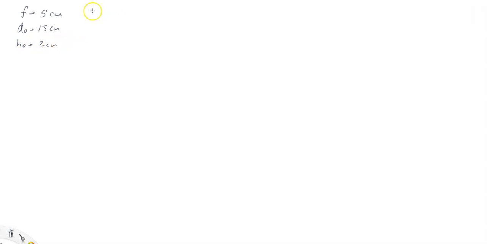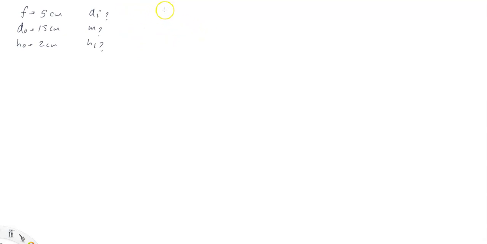So find where the image is, di, find the magnification, find hi, all that. We're not going to draw the diagram this time. We'll first try the equation and then we'll go to the ray diagram.